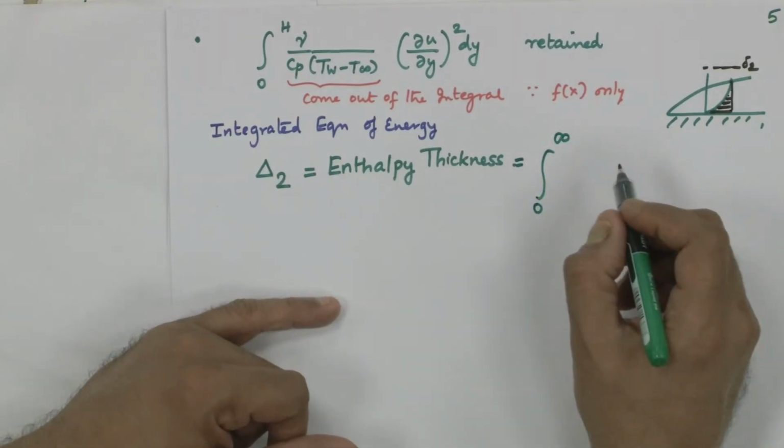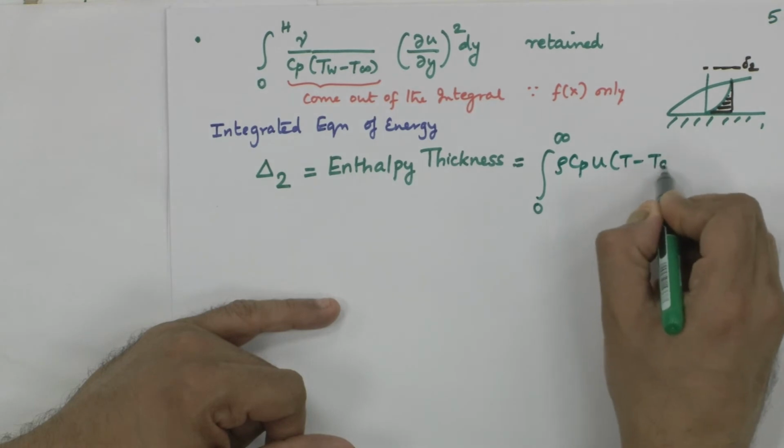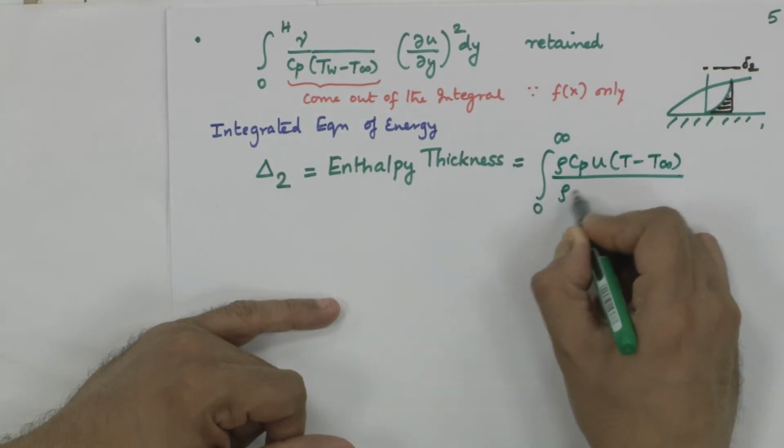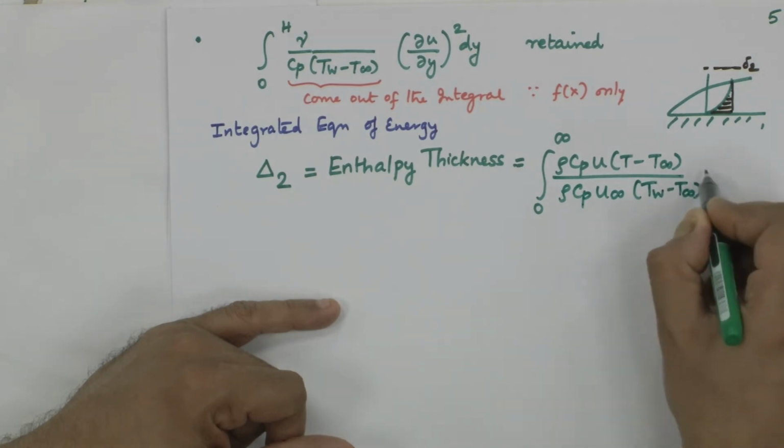To account for this reduction, we define an enthalpy thickness analogous to momentum thickness. m dot Cp delta T is the energy carrying ability. So, based on that definition, enthalpy thickness is nothing but the integral from 0 to infinity of rho Cp u times T minus T infinity, divided by rho Cp u infinity times T wall minus T infinity, dy.